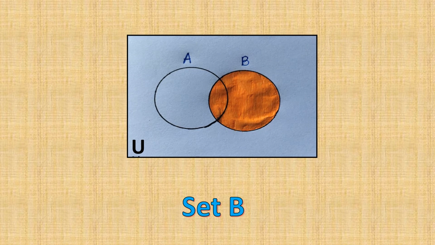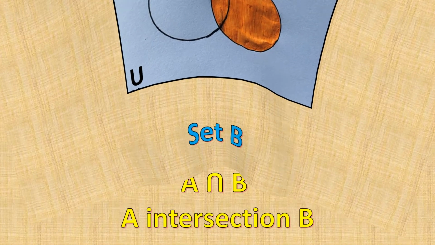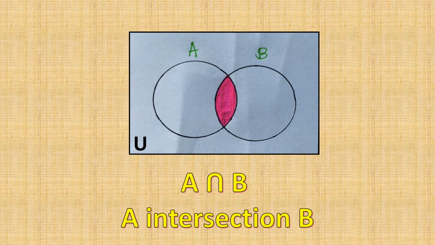Number 2. The shaded region are the elements which belong to set B. This is simply set B. Number 3.